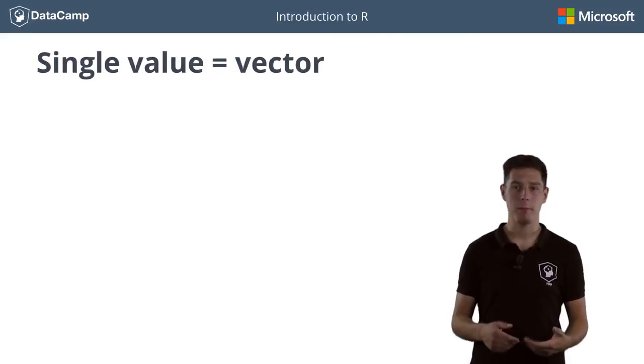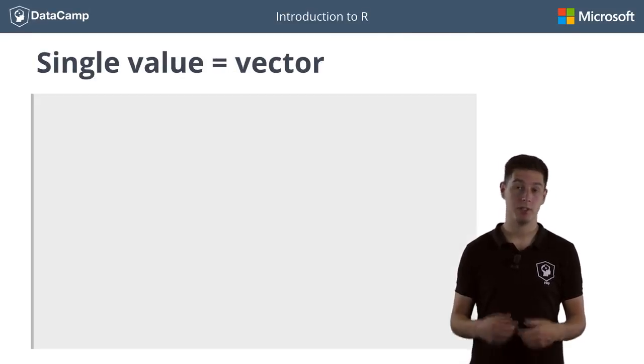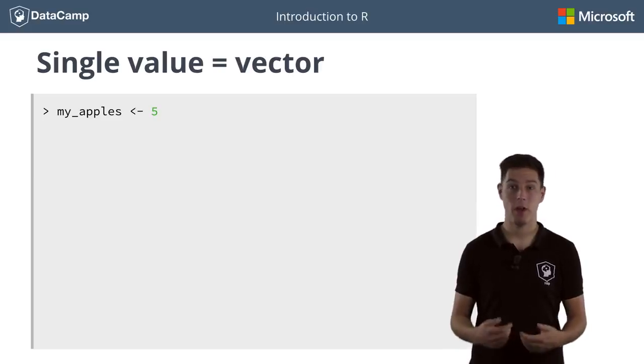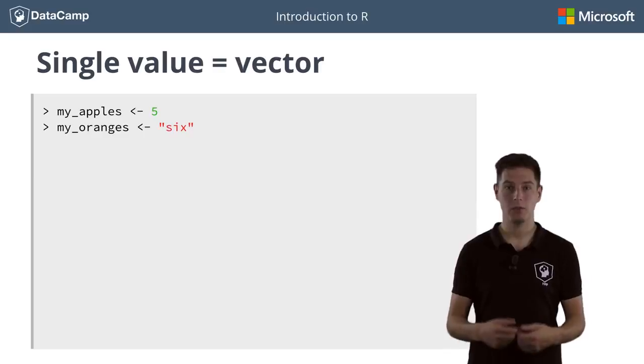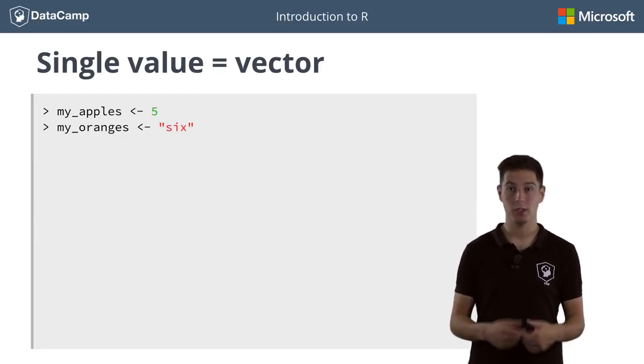First of all, remember the variables you've created in the previous chapter? These variables, such as my_apples equal to 5 and my_oranges equal to the character string "6" at some point, are actually all vectors themselves. R does not provide a data structure to hold a single number or a single character string or any other basic data type. They're all just vectors of length 1.